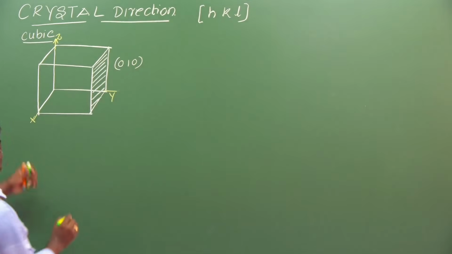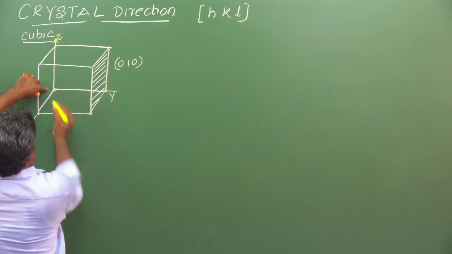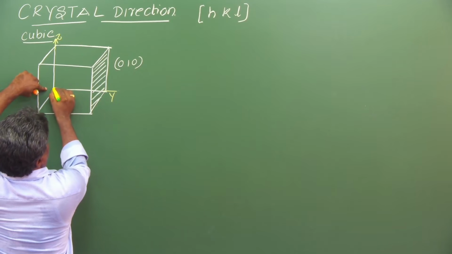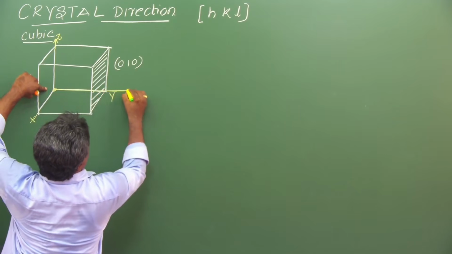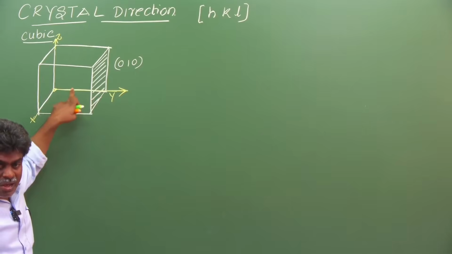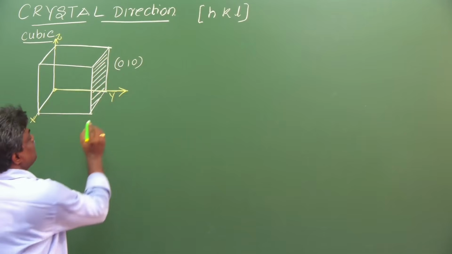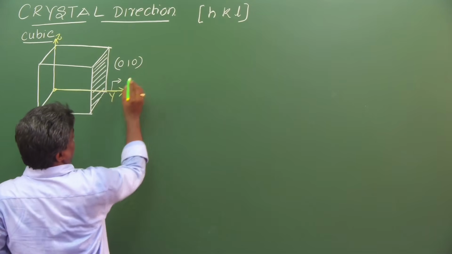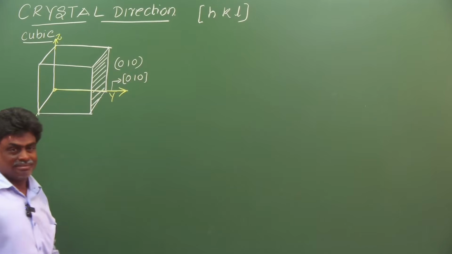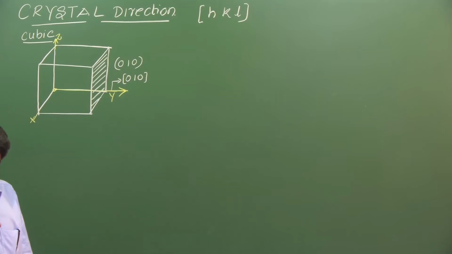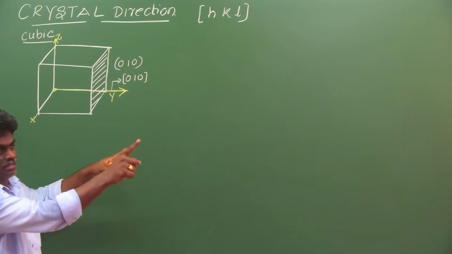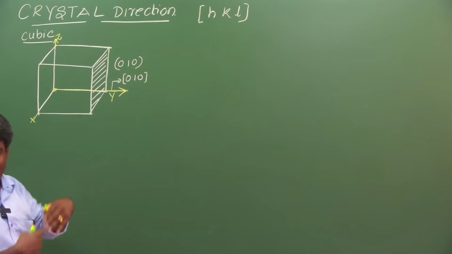Now, from the origin, if I draw a line normal to this plane, this is represented by [0, 1, 0] in square brackets. That gives the direction of the plane, whether it's backward or forward or up or down.